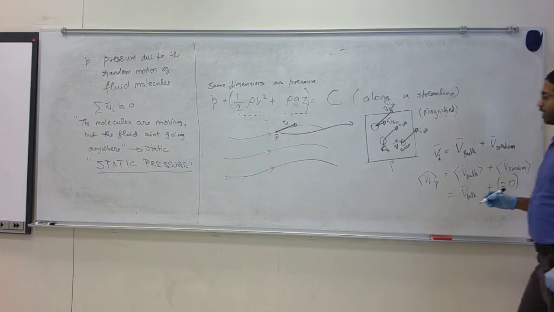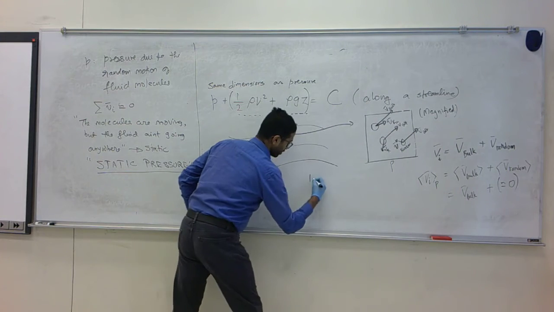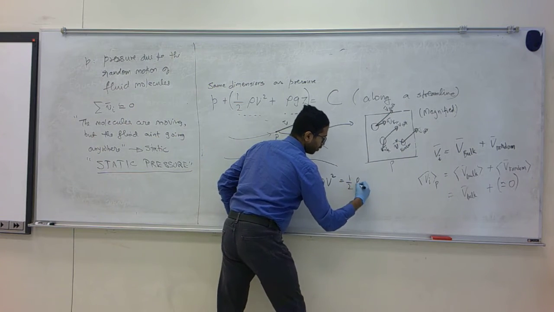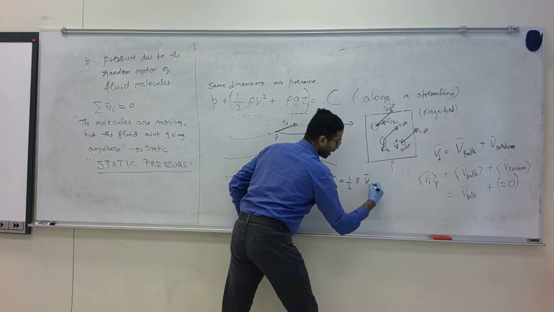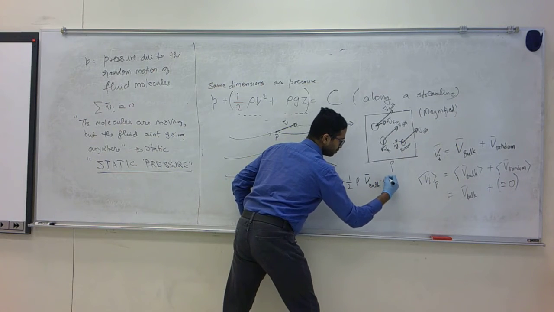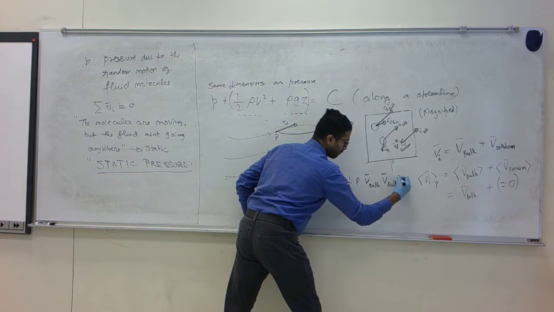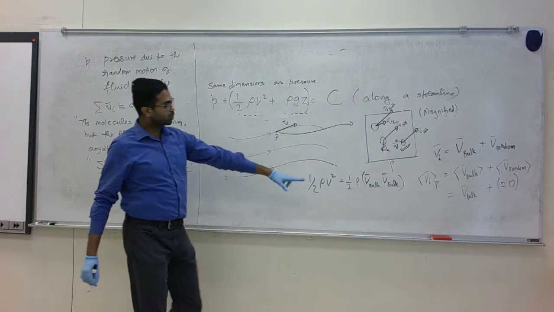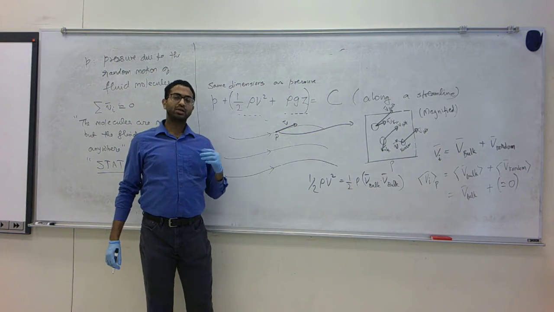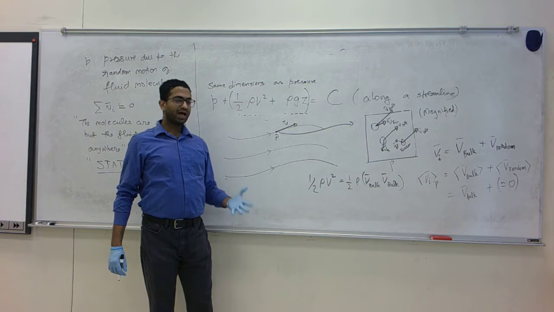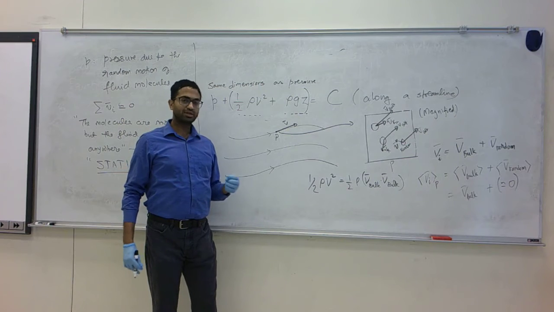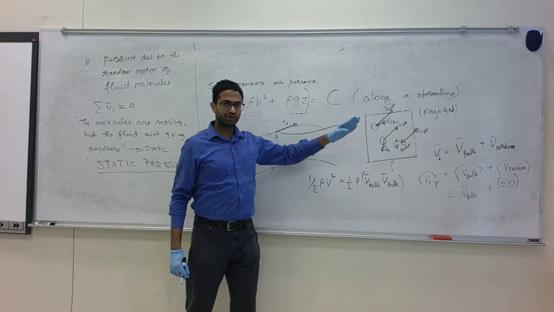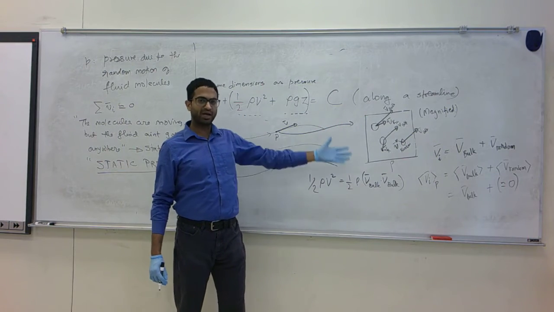So if I think about half rho v squared, and this v is really the magnitude of the bulk velocity, this half rho v squared can be interpreted as the momentum that these molecules exchange because of their macroscopic motion, or bulk motion, or systematic motion.